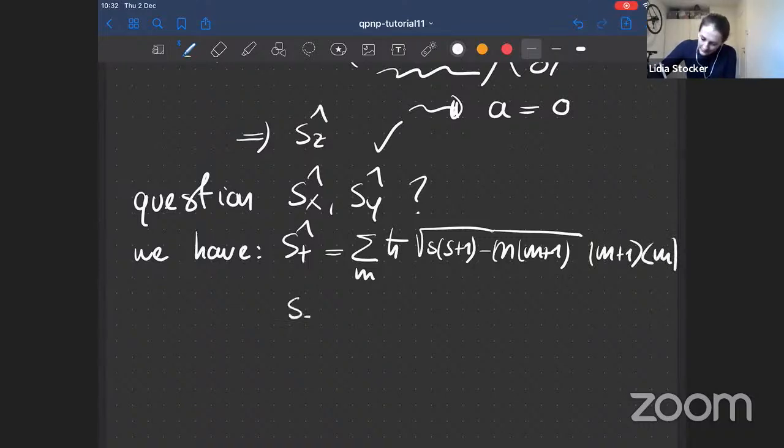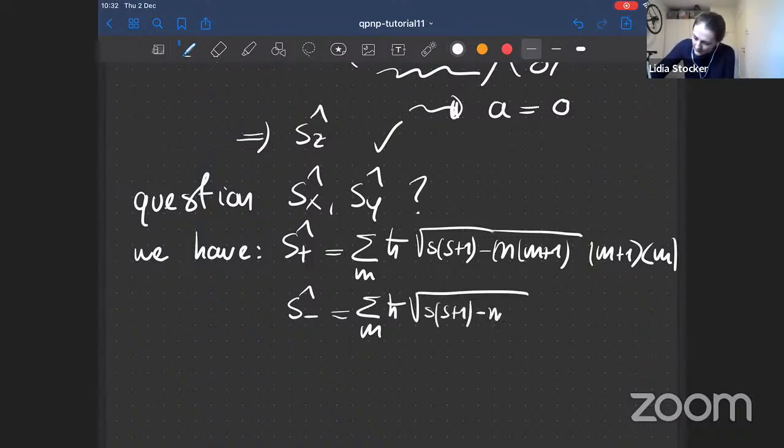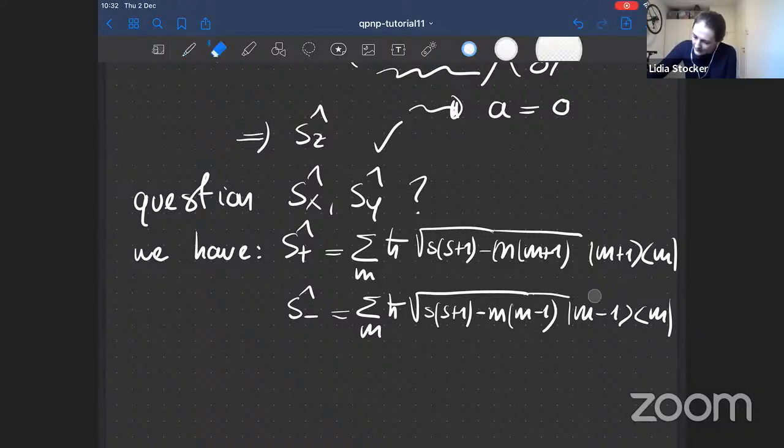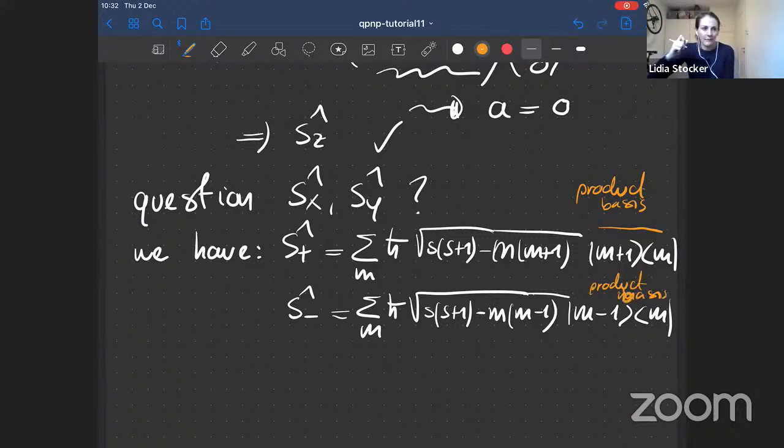And here S minus is equal to the sum over m of square root of s plus 1 minus m minus 1, m minus 1 m. Okay, and the square root, it's actually correct. And here this is the product basis, because it has a defined m.